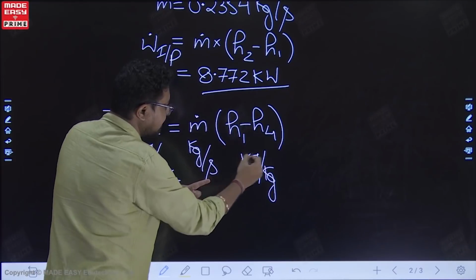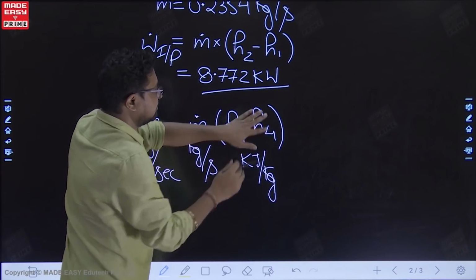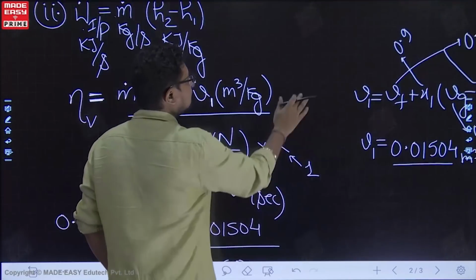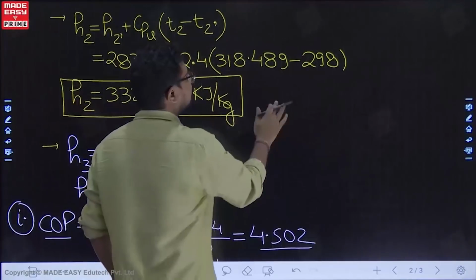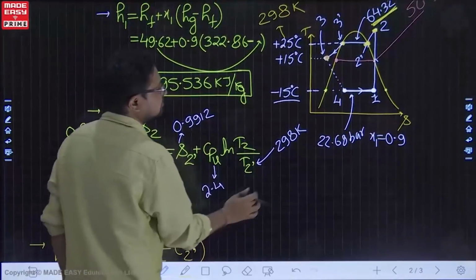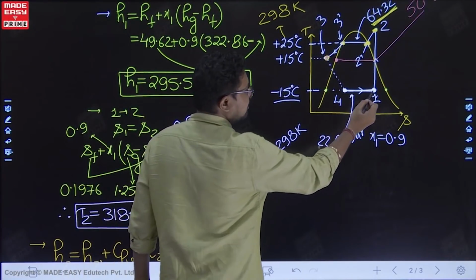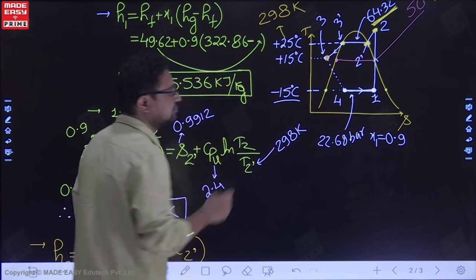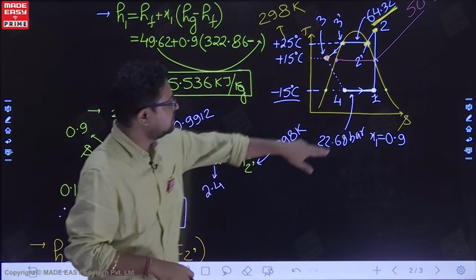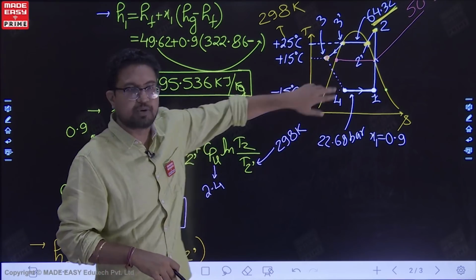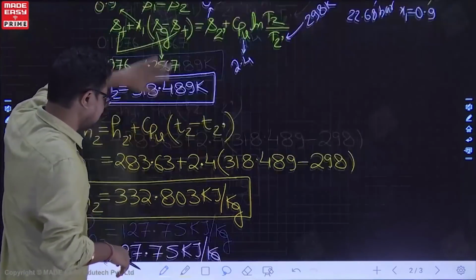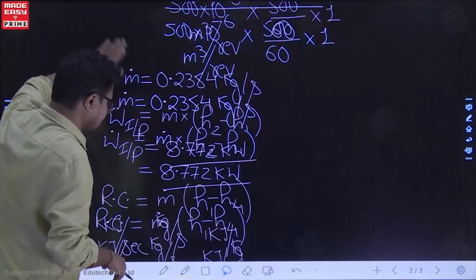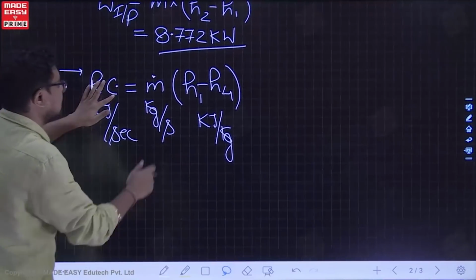This is the heat absorbed per kilogram in the evaporator. Let us see it on the diagram. From 4 to 1, H1 minus H4 is the heat absorbed in the evaporator.